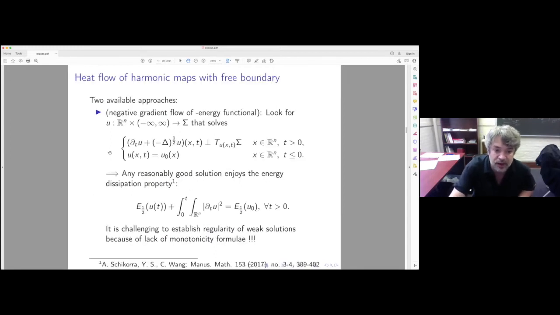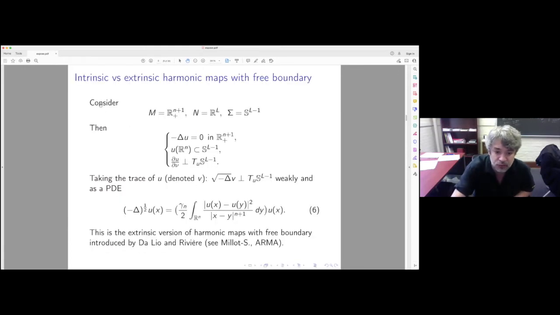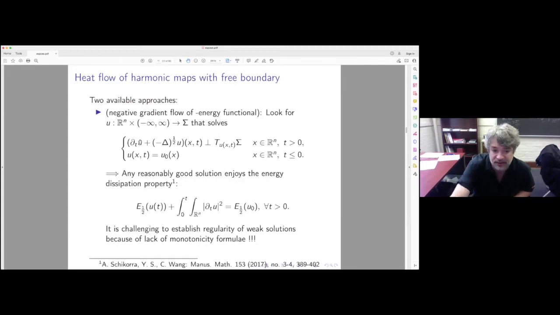So let's look at what should be the heat flow. There are two possible gradient flows that you can look at. Here I wrote it: you can take the gradient flow of the H^{1/2} energy, and distributionally you have this equation. This is the heat flow to construct half harmonic maps, and if I have a half harmonic map, I get a harmonic map with free boundary by just extending it harmonically.